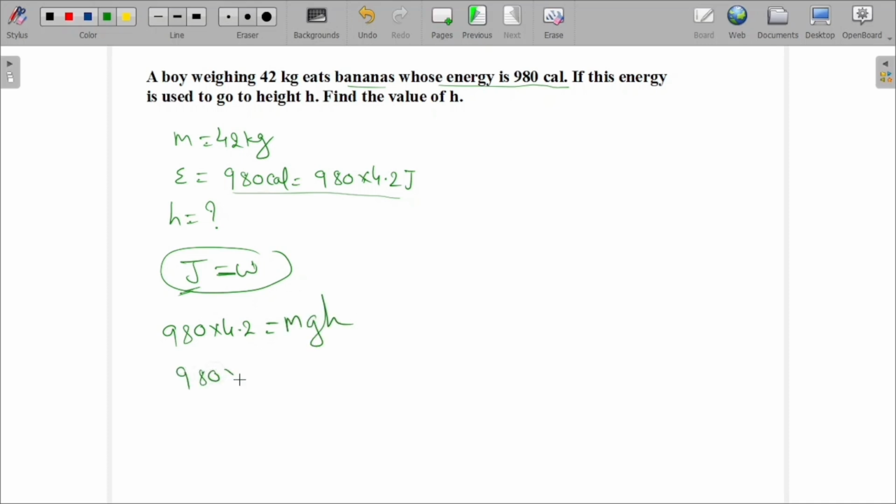Mass is 42, g is 10, and h we don't know. 4.2 ones are 4.2, tens are 0, the 0s get cancelled. Then h equal to 98 by 10. So it is 9.8 meters.